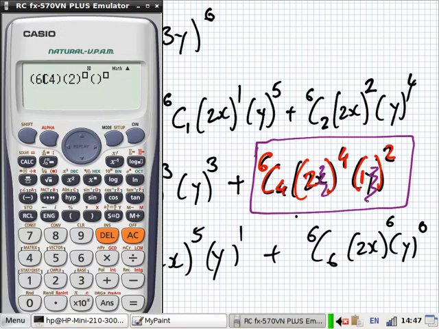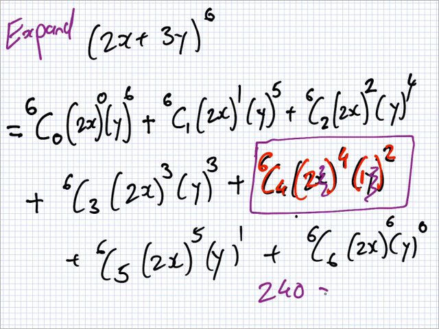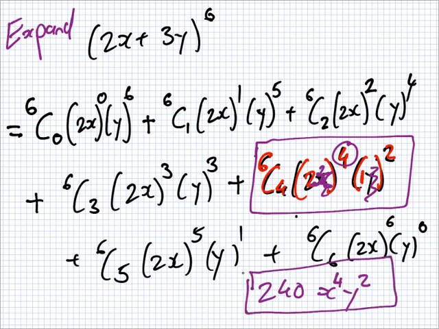So this power here is a 4, this is a 1, and this power? 2. And so that term would be 240. Now I still need to figure out the x power and the y power, so I'll write down xy. The x that was here had a 4 on it, so that's 240 x4, and the y had a 2. So this one is 240 x4 y squared. And you just do that 6 more times, and you have it expanded.